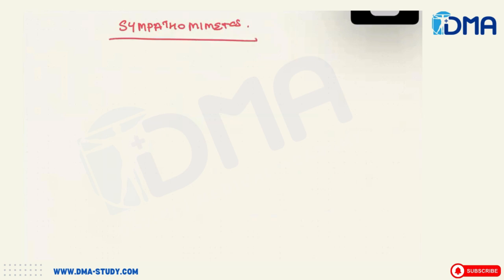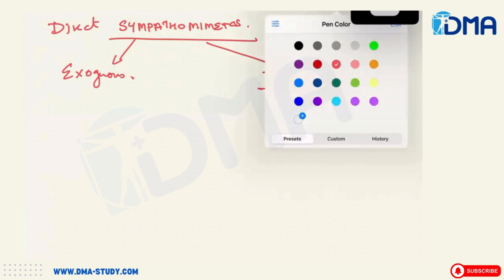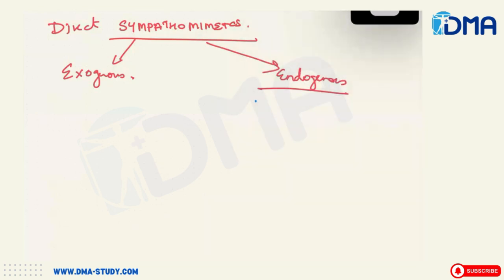The one which directly acts at these receptors is a directly acting sympathomimetic. This direct sympathomimetic can either be given exogenously or it can be produced endogenously inside the body. What are the endogenous sympathomimetics that you know of? Dopamine, adrenaline, and noradrenaline. Right?